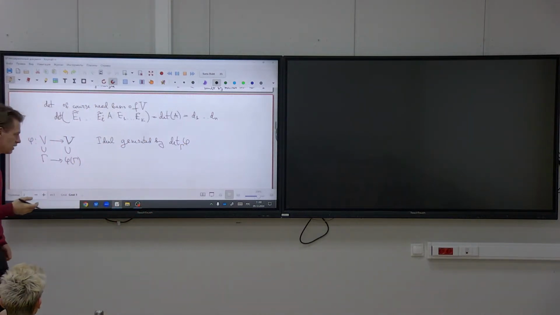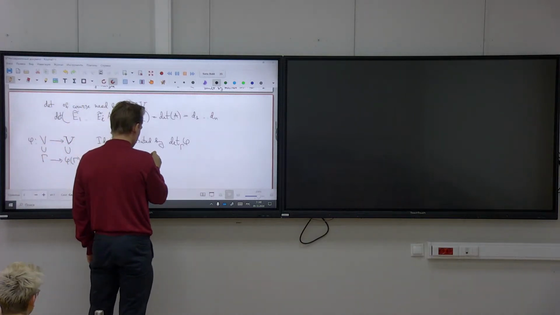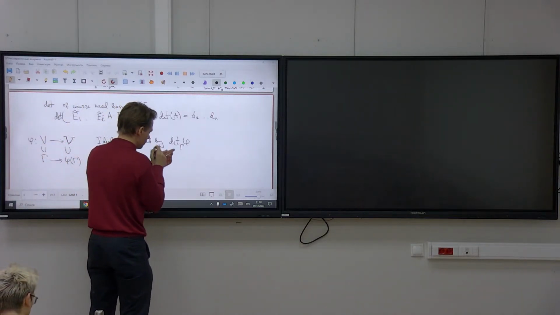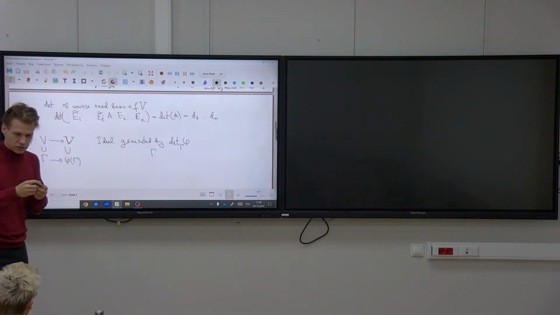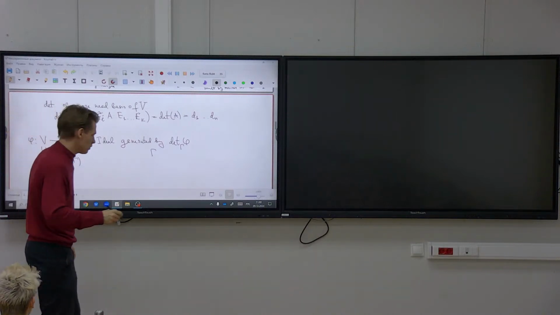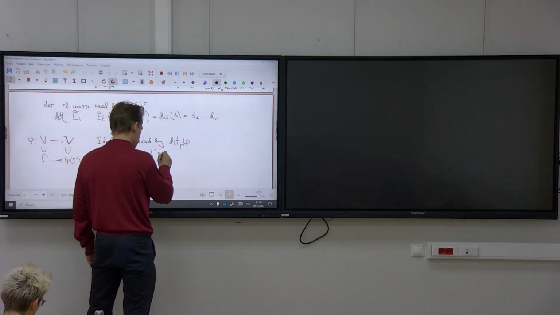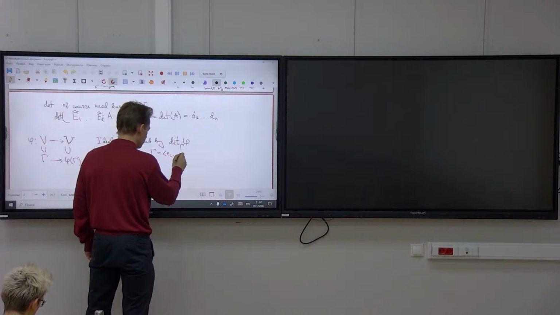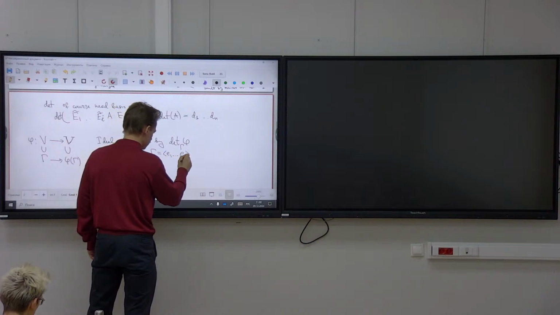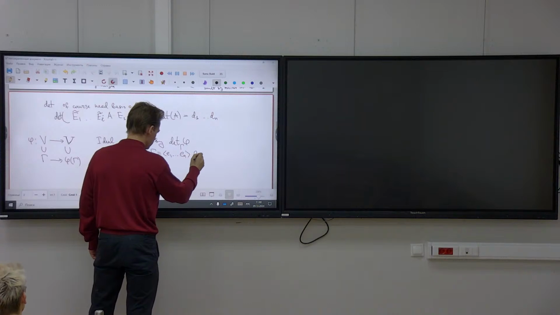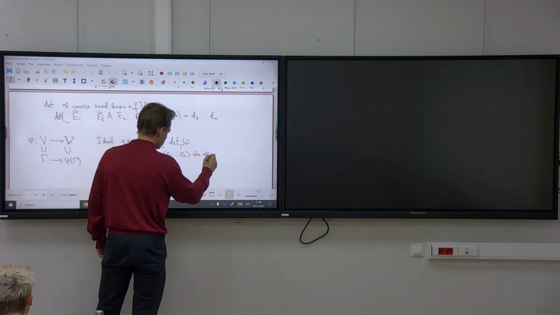Of course, to write down the determinant, you have to write down the basis. So where gamma runs through E1 to En, for all possible bases.